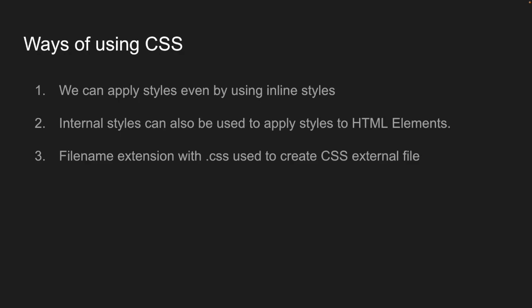And if you want to maintain an external CSS file, you can do that by creating your file with a .css extension. By using this extension, the browser or any editor will identify that this is a CSS file, and you can link that external CSS into your HTML page. All these three approaches we will see in the upcoming video.